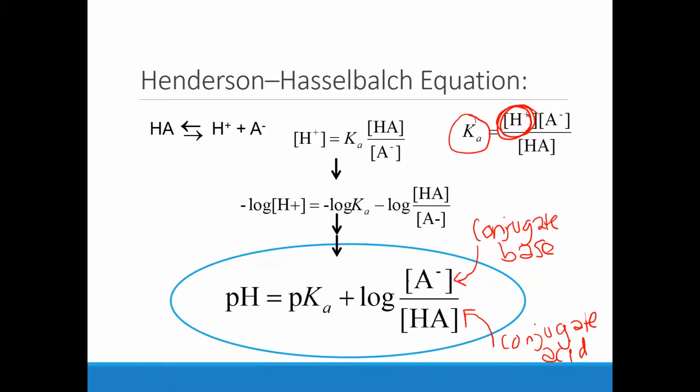The thing that is most often calculated is, since the pKa is a constant, we know the pKa of some type of acid, and we know how much conjugate acid and conjugate base we put into the solution. We can calculate what the end pH should be. Or vice versa.